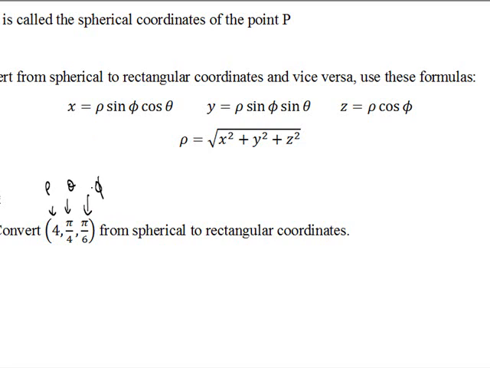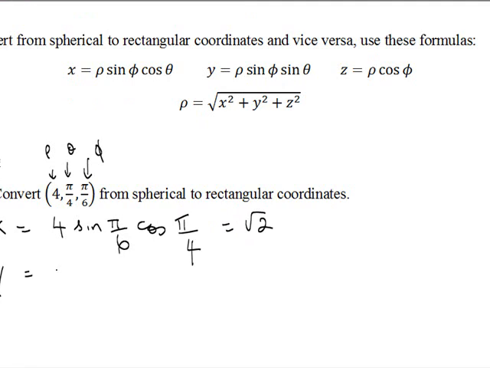We want to convert this to rectangular coordinates, so we just use the formulas above to find x, y, and z. x equals rho, which is 4, times sine phi, pi over 6, times cosine theta, pi over 4. Work that out, you get square root 2.